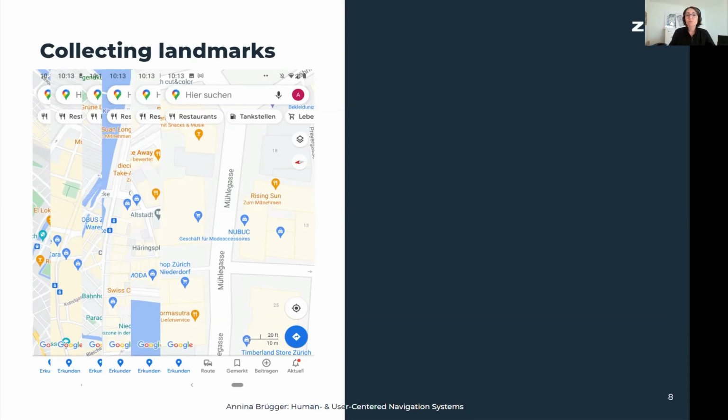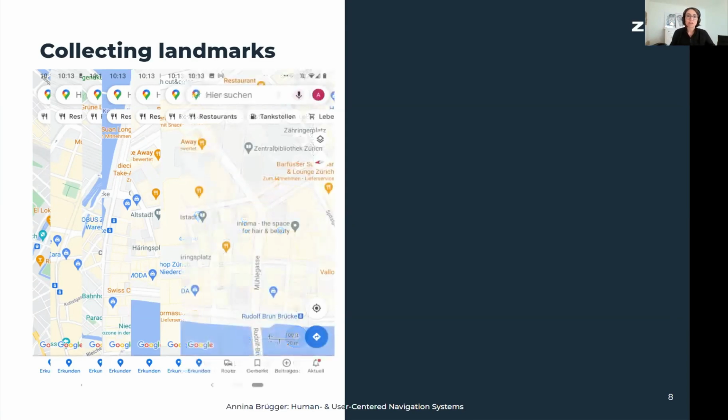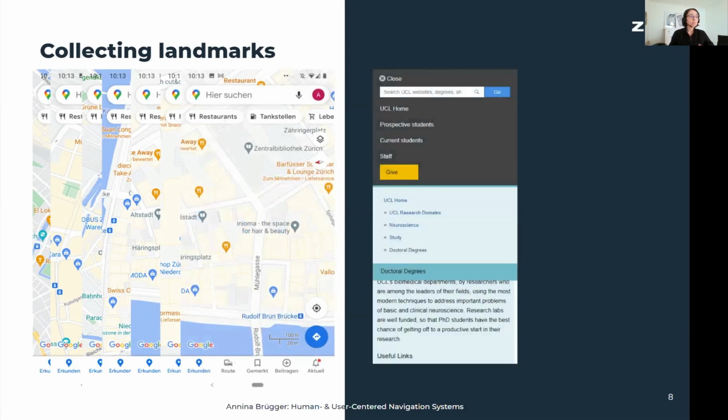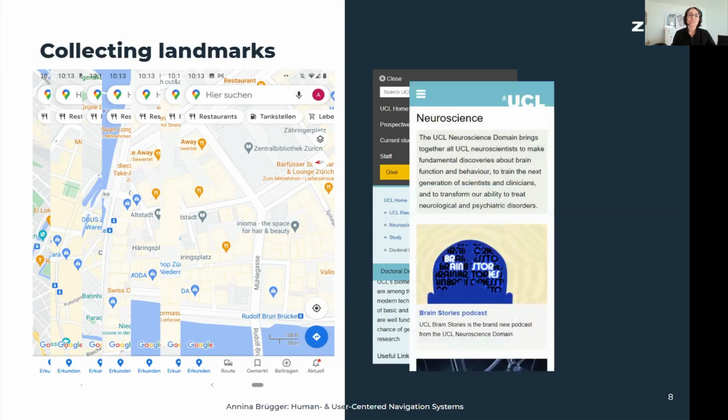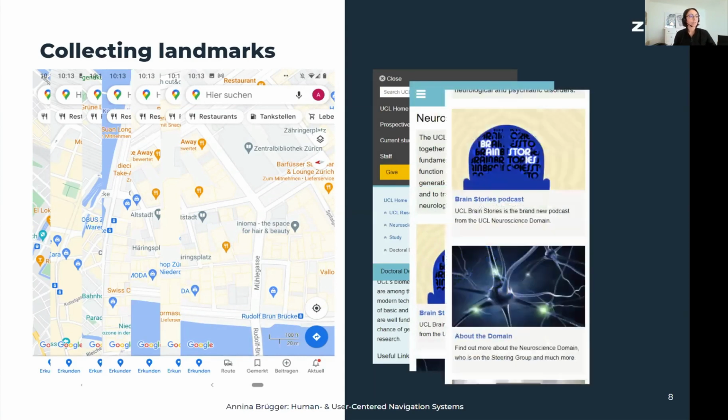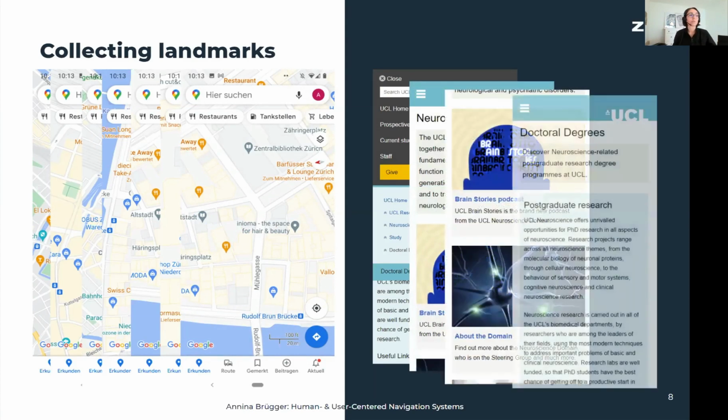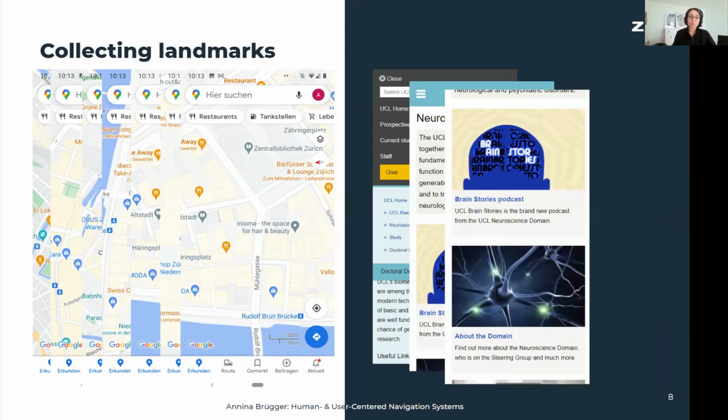And the same goes for the behavior of the user of a website. If the user constantly interacts, like looking for the neuroscience information, then goes back again, scrolls down, goes into the doctoral degree information, goes back again.